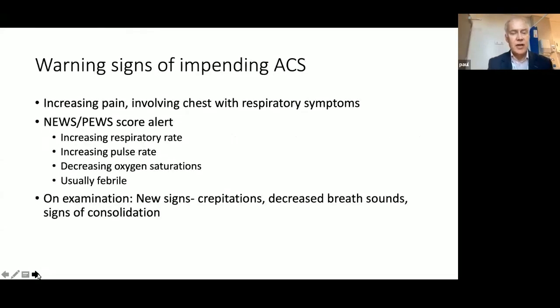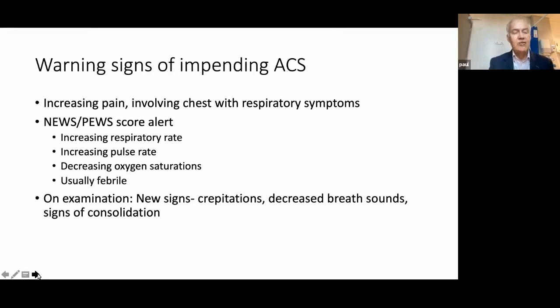So for the doctors here, the diagnosis and the assessment of acute chest syndrome, again, follows the principles of general acute emergency medicine. So first of all, the symptoms of increasing chest pain, difficulty breathing, and often cough.